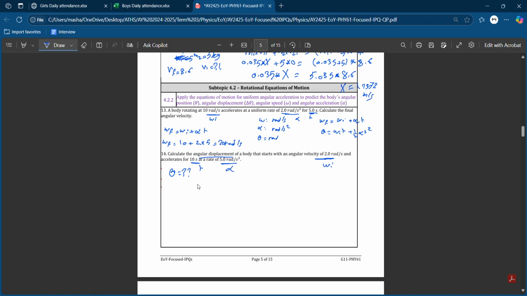So the equation that we use to calculate theta is ω initial t plus half αt squared. The displacement: ω initial we have, 2 times 10 plus half times 5 times 10 squared. It will be 270 radians.